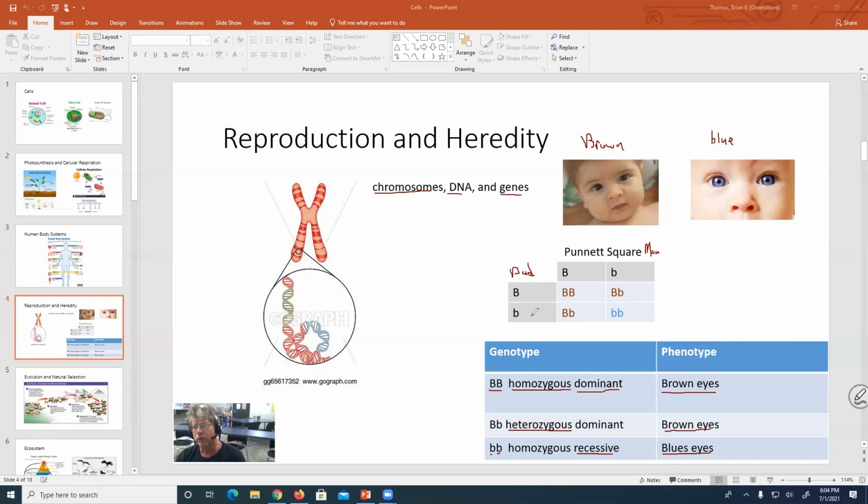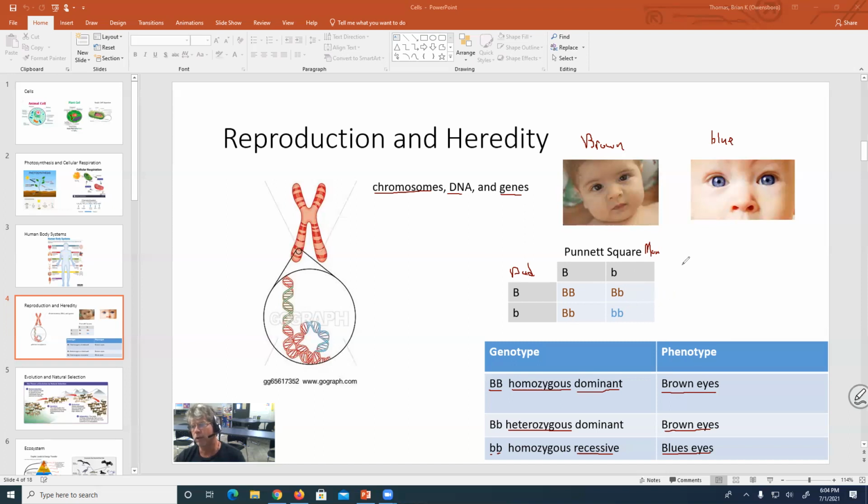And then the fourth scenario is dad could pass on little b, mom could pass on little b, and they could have a little b, little b. In other words, they could actually have a blue eyed baby. So just because your mom and dad both have brown eyes does not mean you're guaranteed to have a brown eyed baby. You can still have a blue eyed baby.